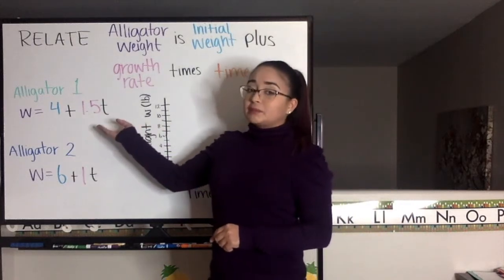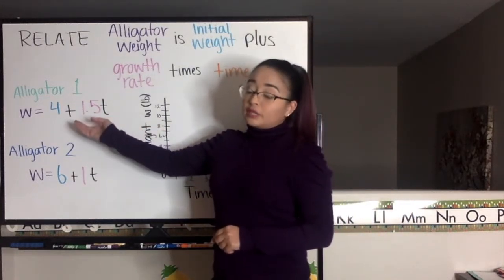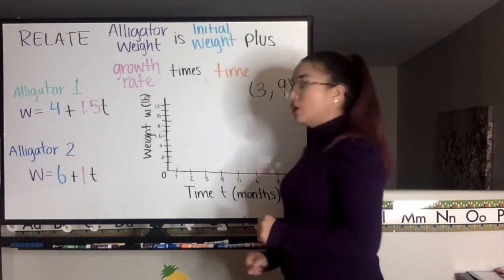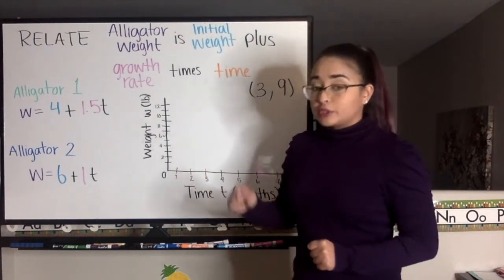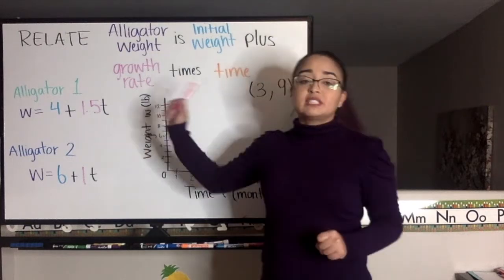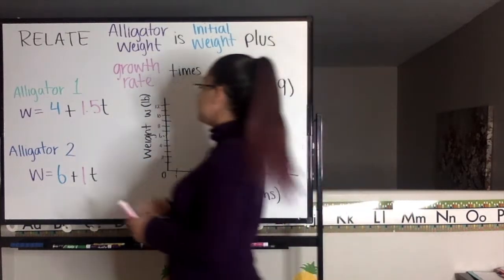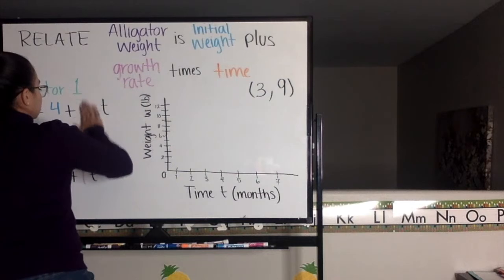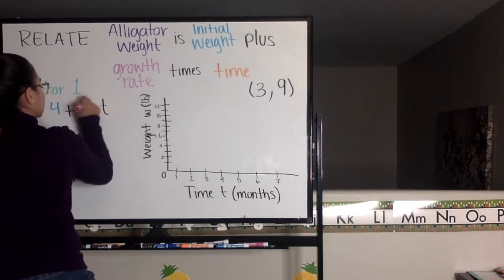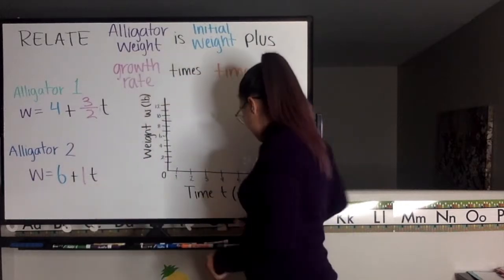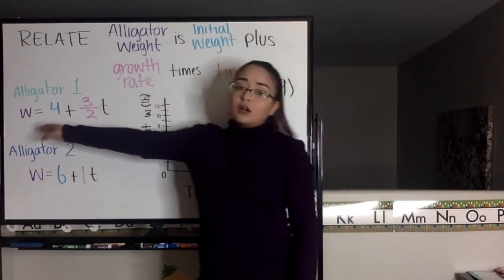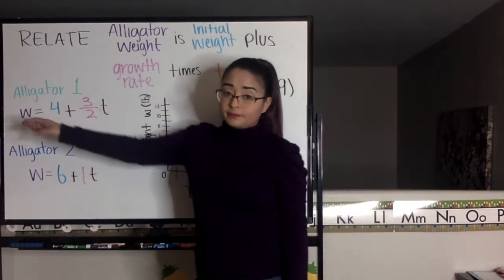Our slope in this case is going to be 1.5t. Now, 1.5t in fraction form is 3 over 2. So let's just replace that 1.5 with 3 over 2, just to make it easier when graphing. So 3 over 2. Okay? And our y-intercept is 4.